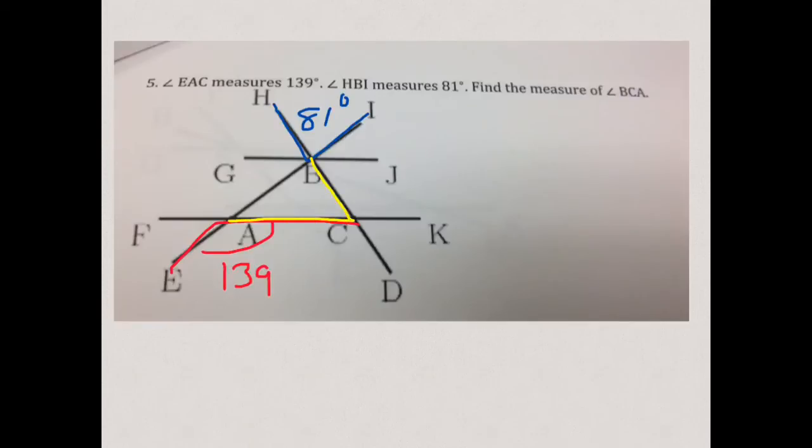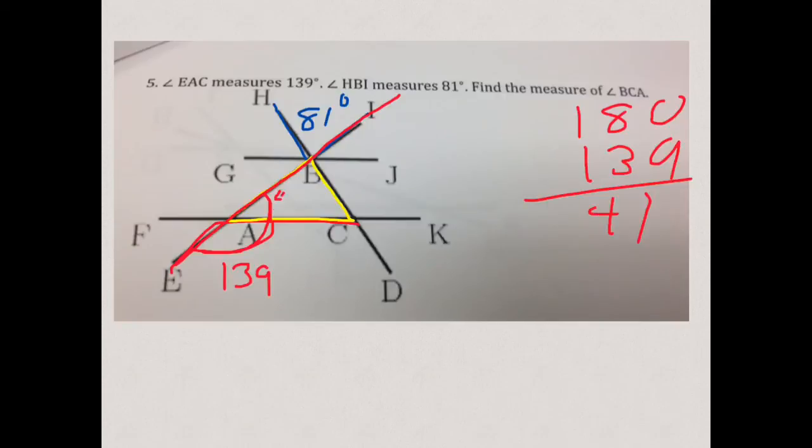Okay, so if we look, what if I finish and make this a triangle? Okay, so let's finish this. And I know this is a straight line right here from I to E. And this has to measure 180 altogether. So 180 minus 139 gives me 41. So I know this is 41.